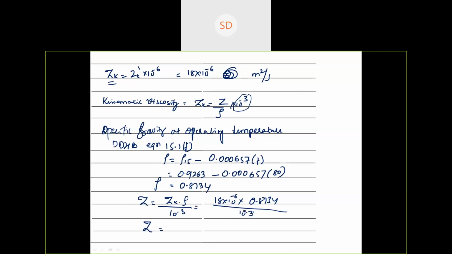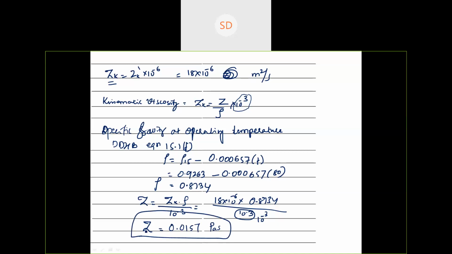This is not 10.3, this is 10 into 10 to the power of minus 3. Okay? 0.0157. Right. Now you got the absolute viscosity.